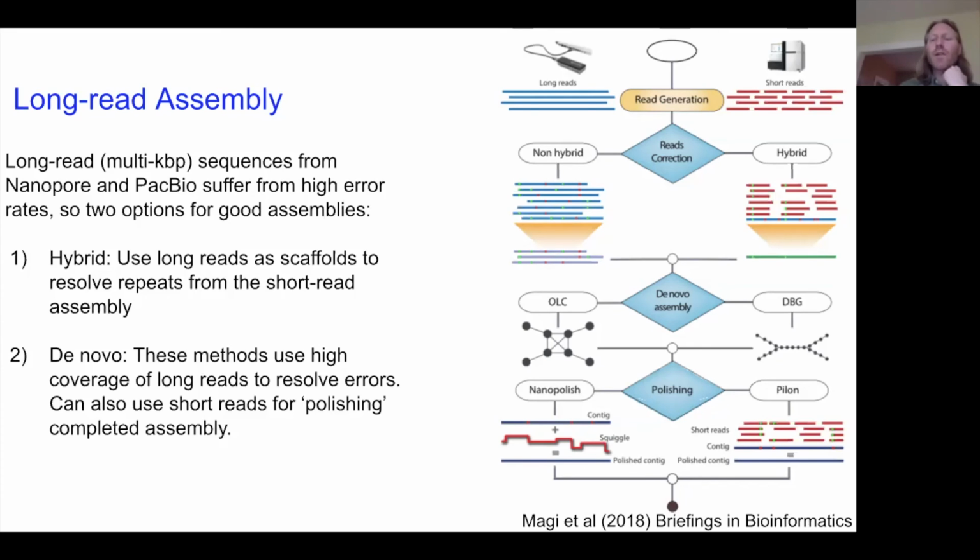So you'll see different long read assemblers will have preferences for one of these methods. SPAdes, for example, is one I use to do a hybrid assembly with the scaffold approach.